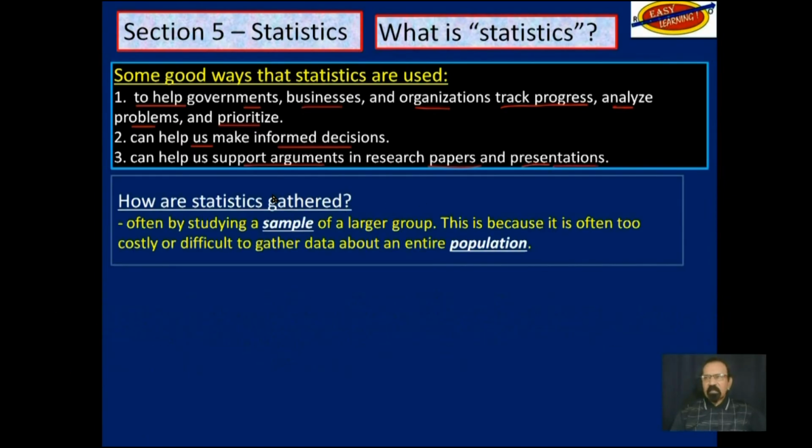How are statistics gathered? Often by studying a sample of a larger group. This is because it is often too costly or difficult or even impossible to gather data about an entire population.